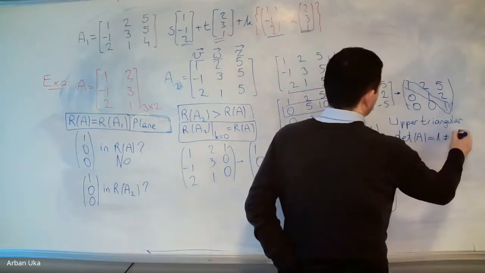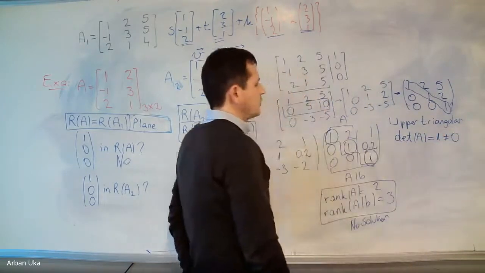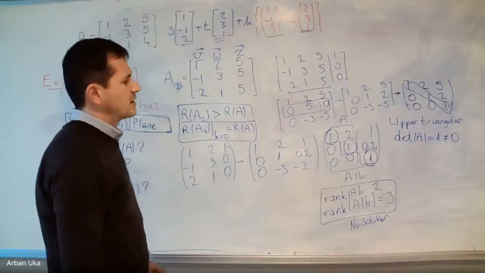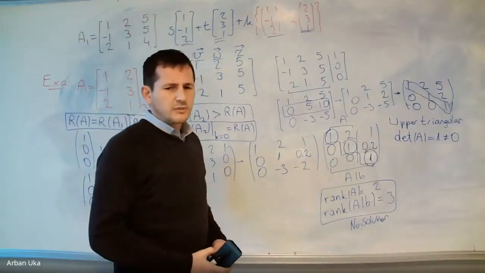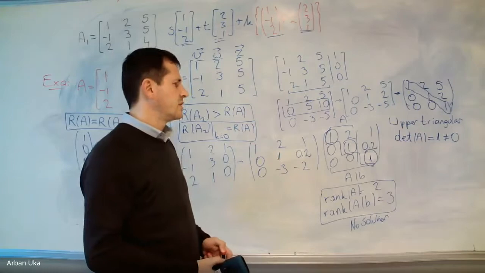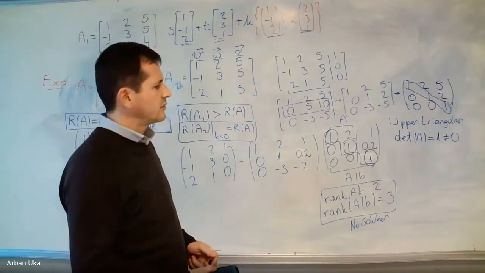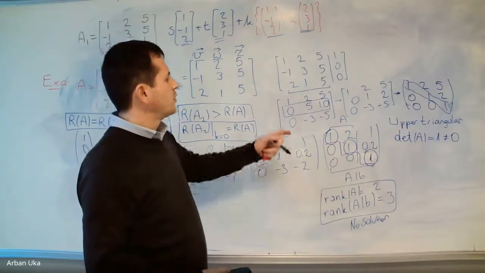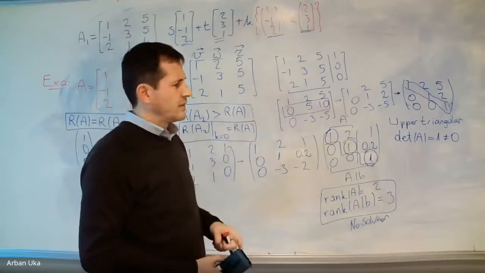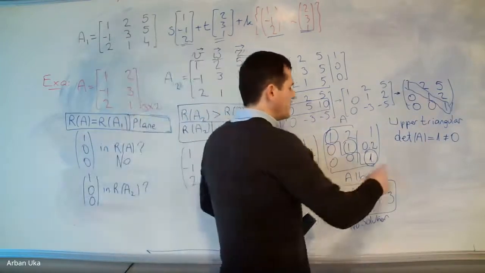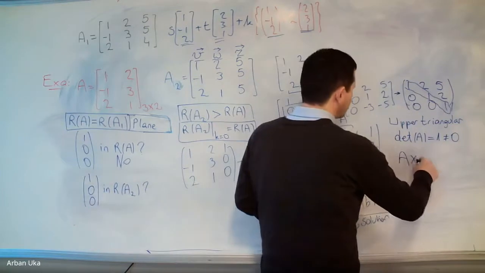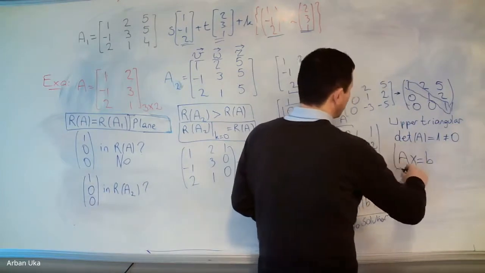So we just want to figure out that if the determinant of A is different from 0, then we can always find a solution x for which A times x is equal to B, for any value of B. Okay?